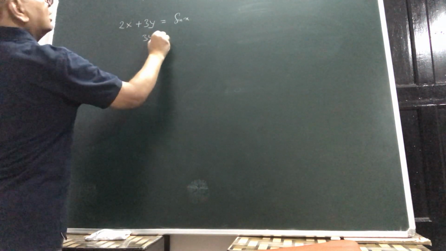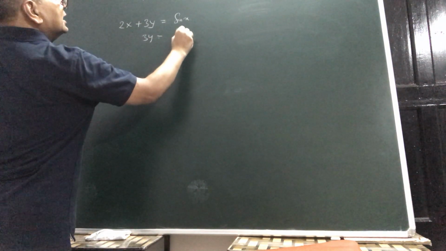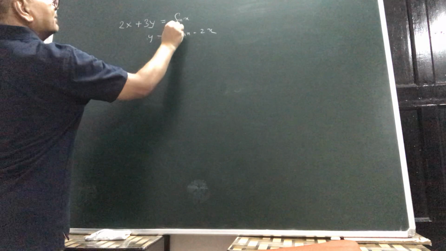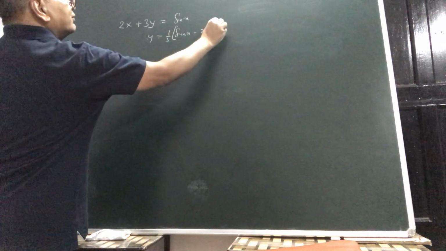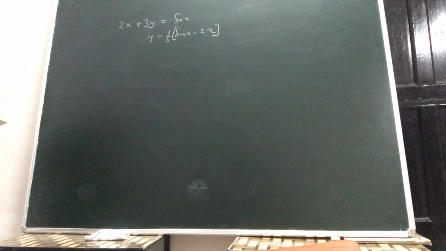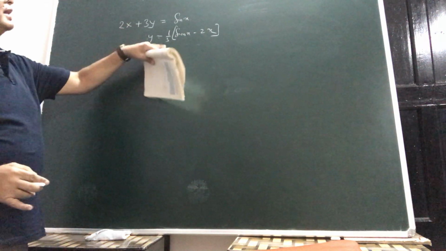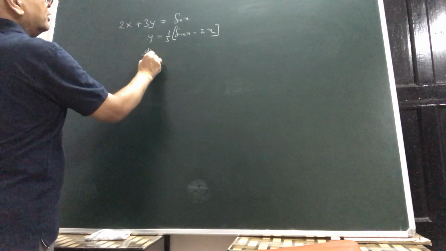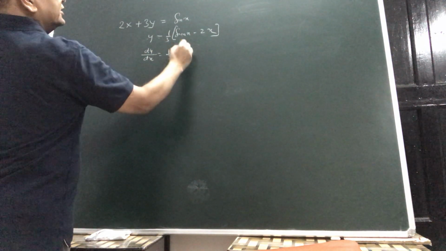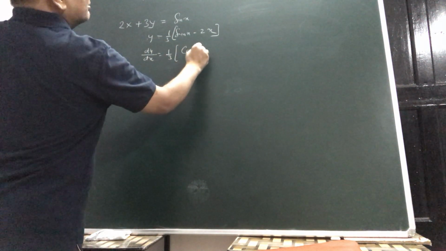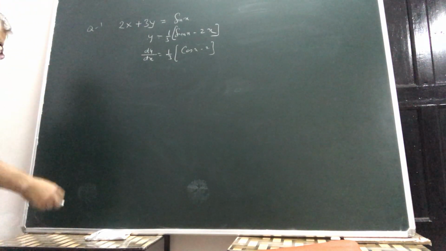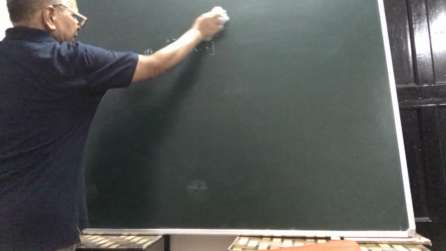So 3y will be equal to sine x minus 2x, and y will be 1 by 3 of this thing. So here it is not the case of an implicit function, it is the case of an explicit function, so you won't have any trouble. dy by dx, of course, you differentiate this: 1 by 3, cos x minus 2. So no problem. This was your question number 1. It is not the case of an implicit function.